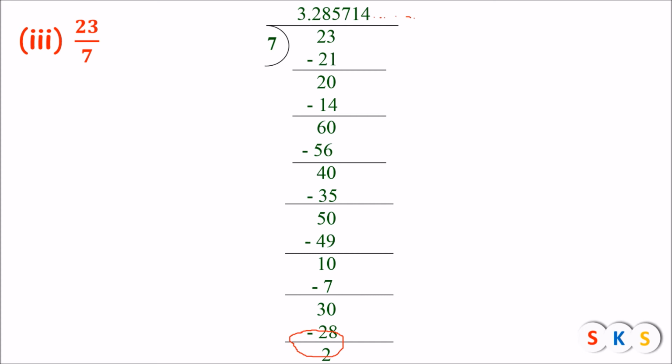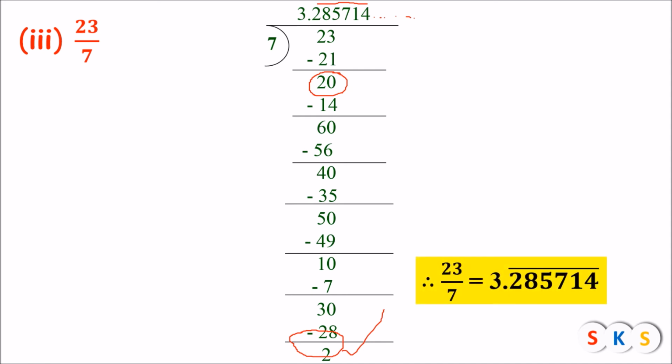So if I divide this 2 again by 7, we will get 285714 again. So the decimal form of 23 upon 7 is 3.285714. 285714 is the group of digits which repeats again and again.